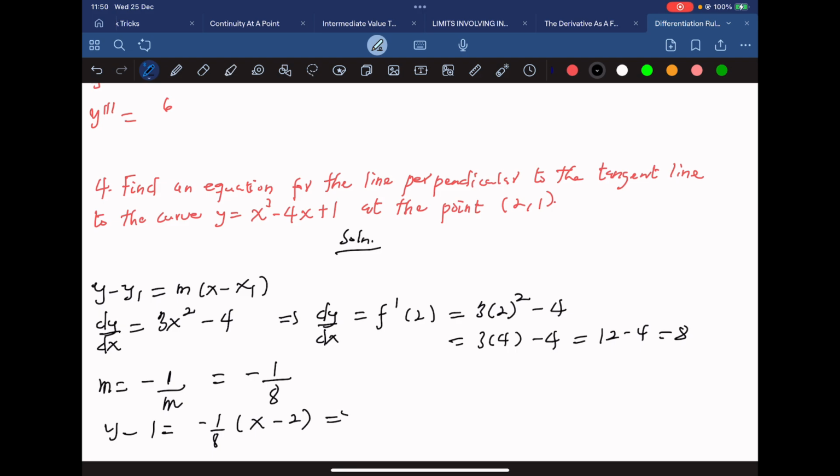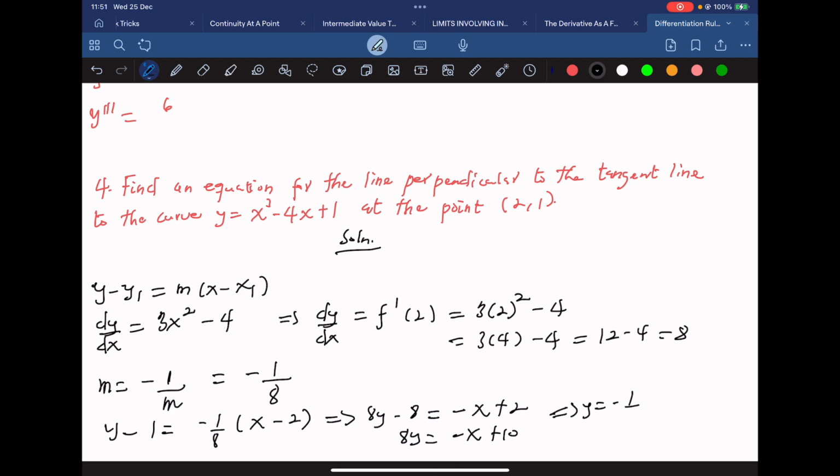So we can multiply the left-hand side by 8. So we have 8y minus 8. And we distribute the negative 1 on the right-hand side, so we have negative x plus 2. We can send the negative 8 to the right-hand side, so we have negative x plus 10. To find y, you just have to divide each term by 8.